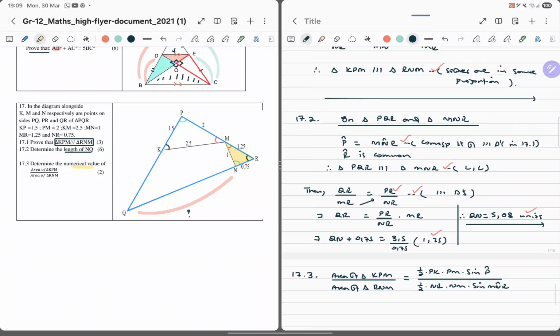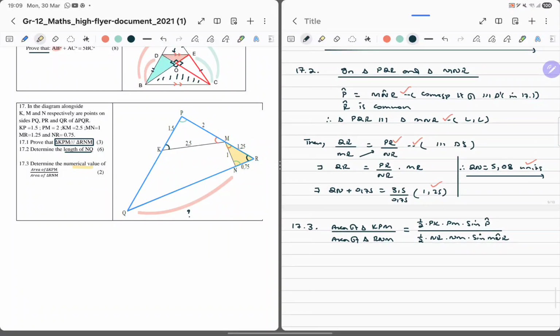Right, did we ever mention that? Yes, we did above, so we are good. So already we know that angle P was equal to angle MNR above. The half takes the half, so all we have left is PK, which is 1.5, into PM, this is 2, divided by NR, this is 0.75, into 1.